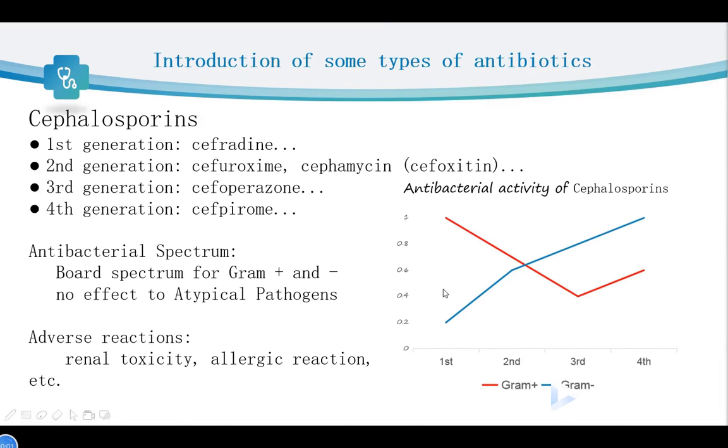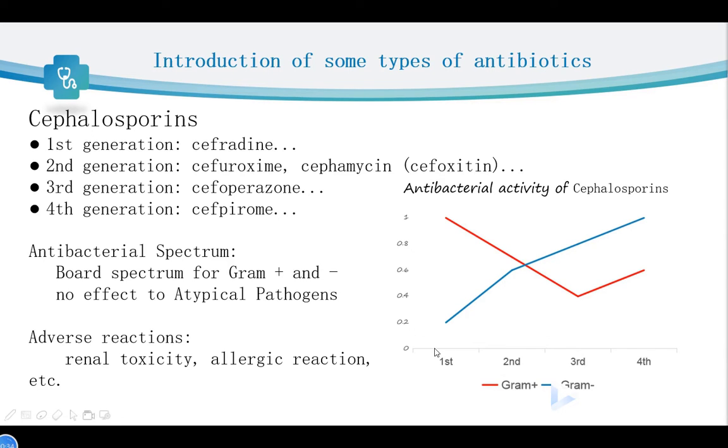Now let's look at this figure. It shows the antibacterial activity of the cephalosporins against gram-positive and gram-negative bacteria. From the first generation to the fourth generation, the antibacterial activity against gram-negative bacteria becomes stronger and stronger.